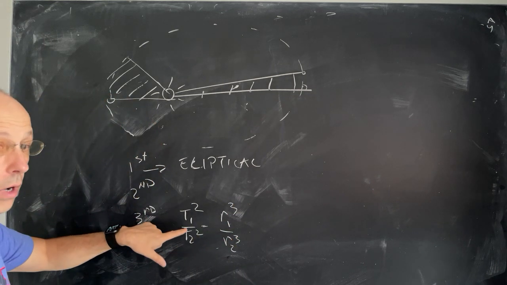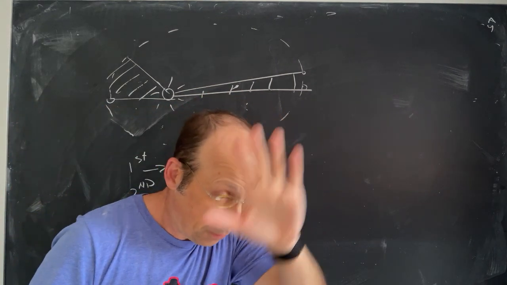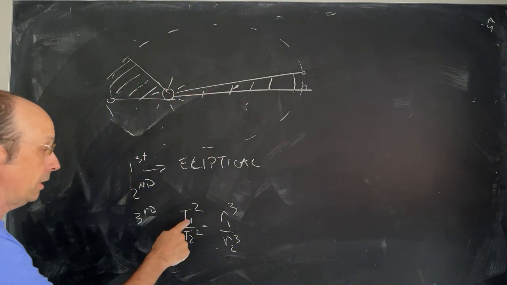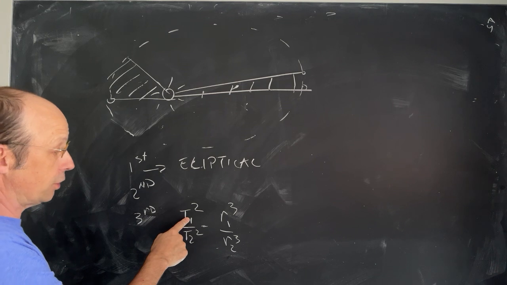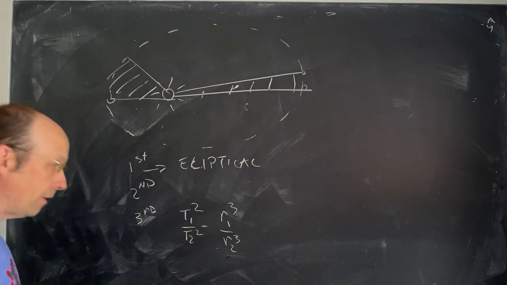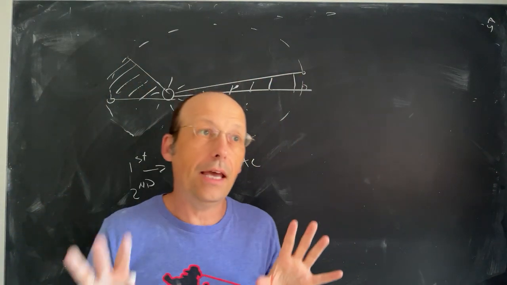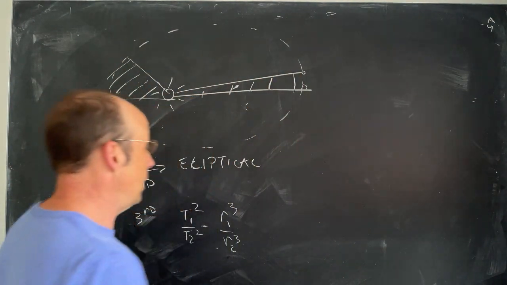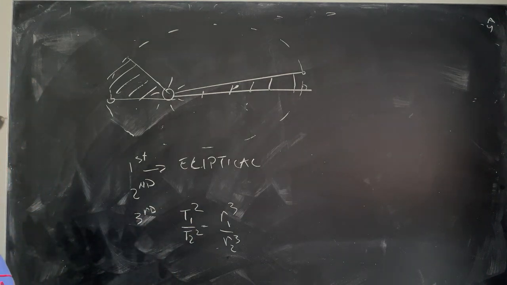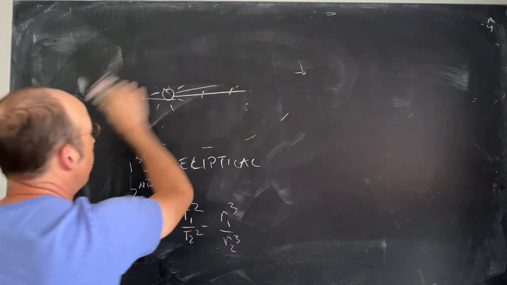So if I have two planets orbiting the sun, and it works for non-circular orbits, but we can only derive it for circular orbits, then the ratio of the times it takes to rotate, squared, is equal to the ratio of their orbital sizes cubed. That's the third law. But the important thing, again, is that Newton was able to show that these laws agree with his model for gravity, which was kind of a big deal.